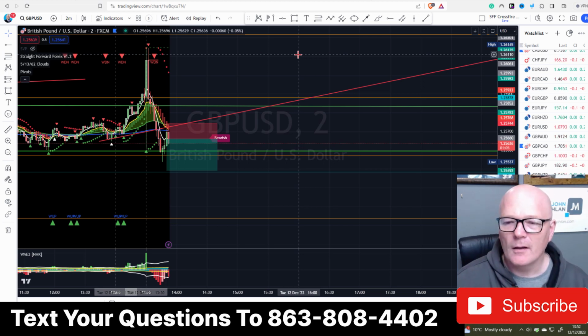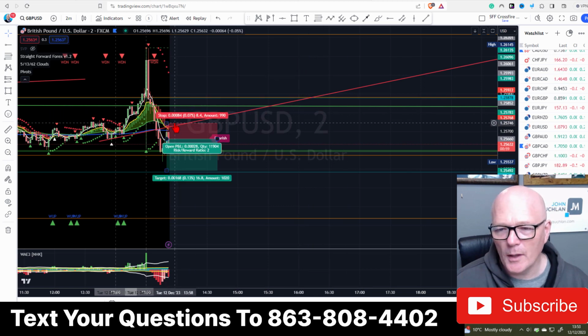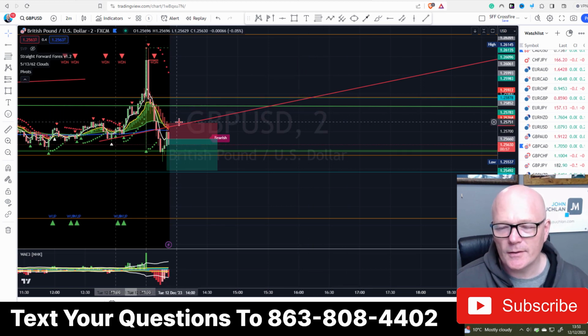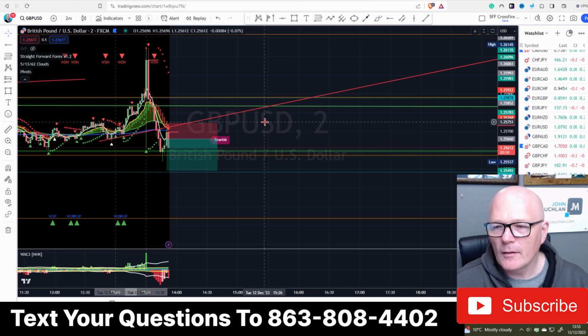So this one, the pound US dollar, it's turned on its heels again. I said this is a good place for a stop loss, because there are a lot of closed doors that the price has to go through to get through.